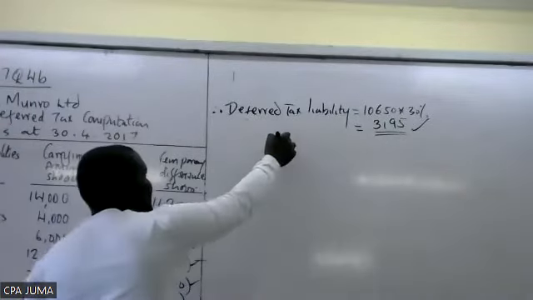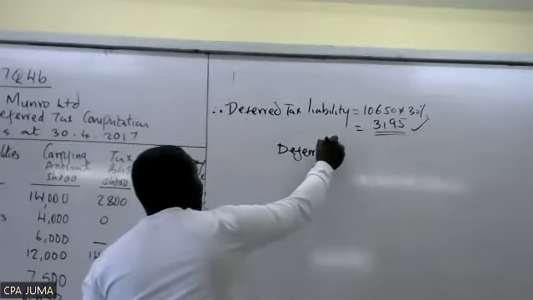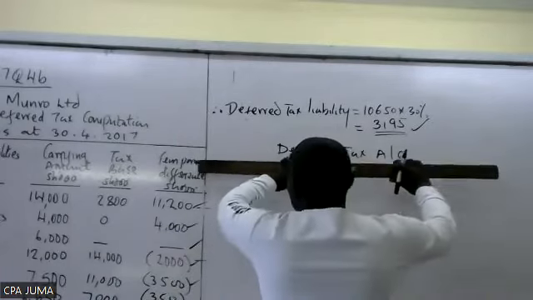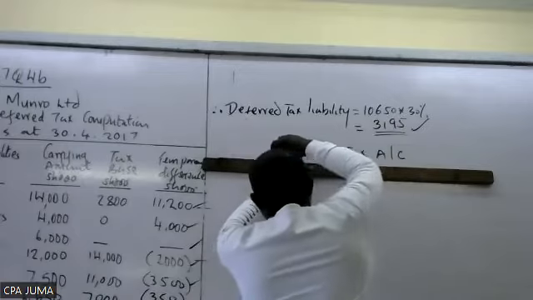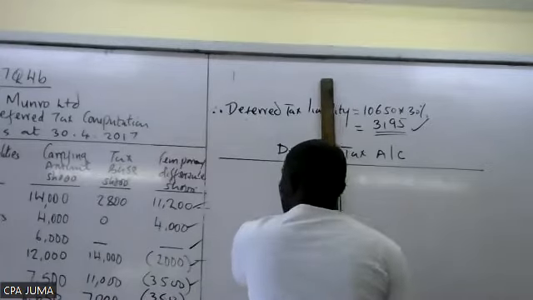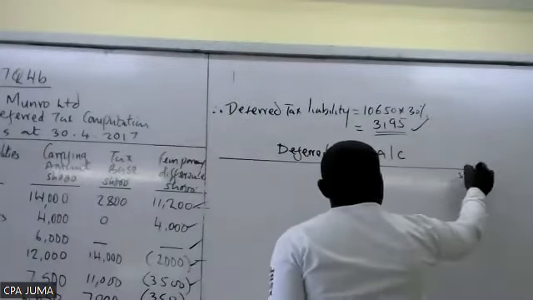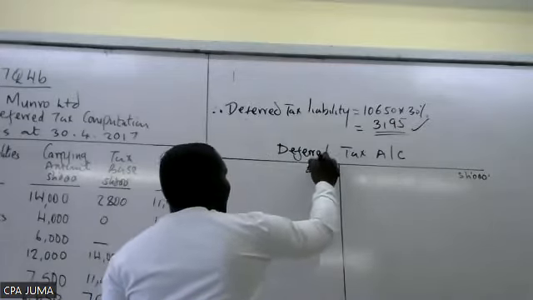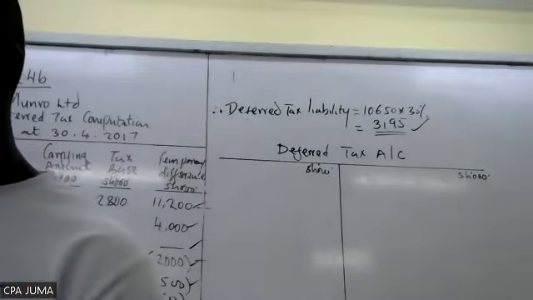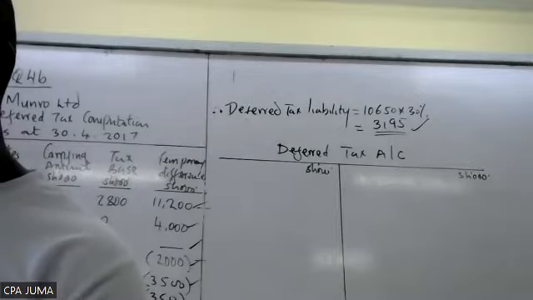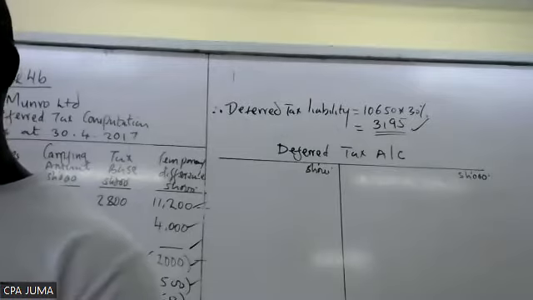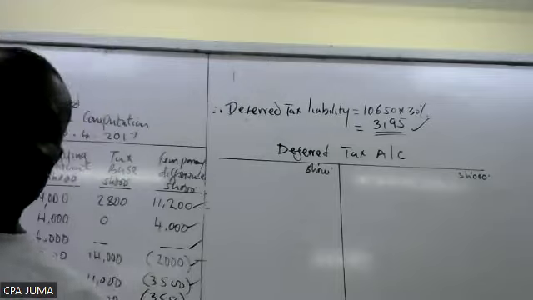So right there, deferred tax account. Shillings are in tax. So there we are.